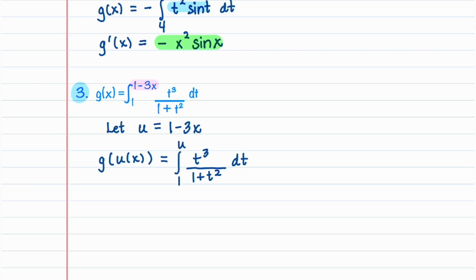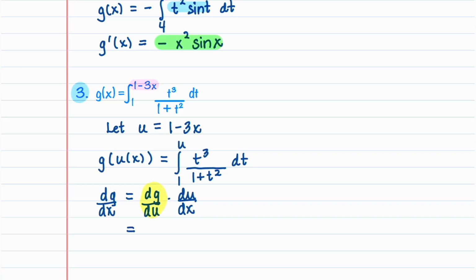That's exactly what we're going to use to find the derivative. The chain rule tells us that dg dx, when g is a function of u, which is a function of x, is equal to dg du times du dx. Let's see what this gives us.